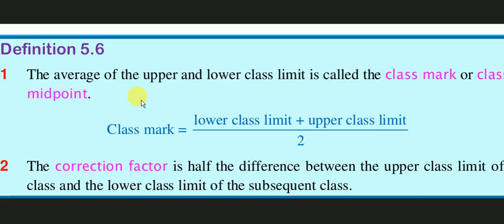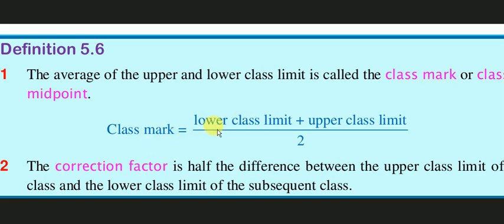After grouping data in tables where values are listed along with their frequencies, then for each class we calculate what is called class midpoint, or another name of it is class mark.